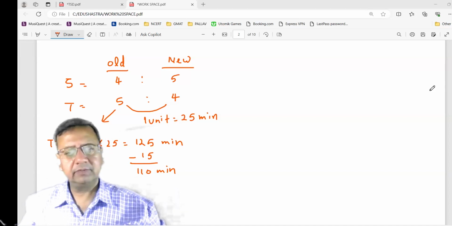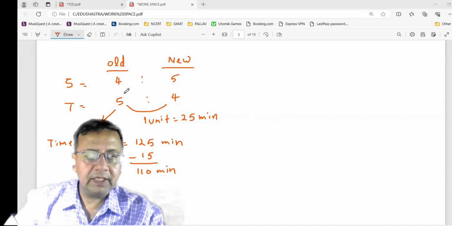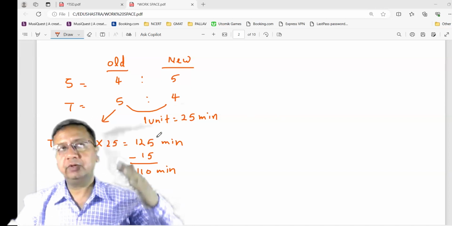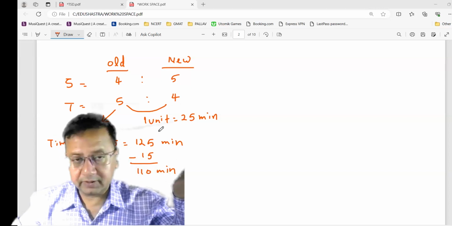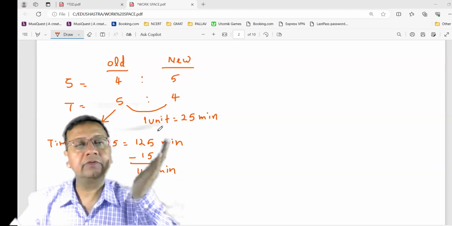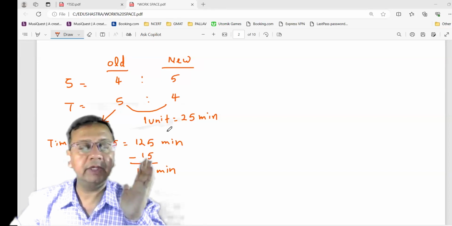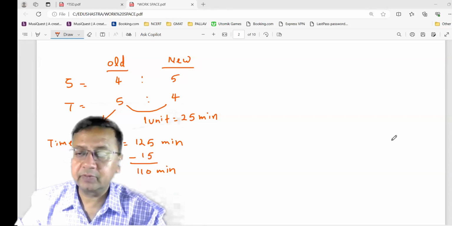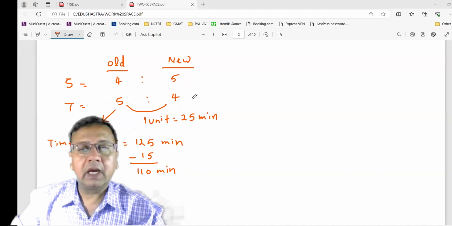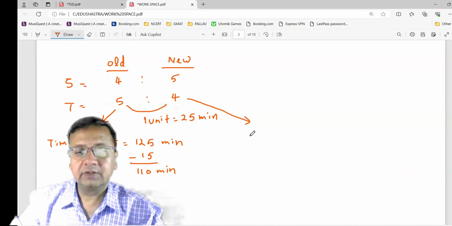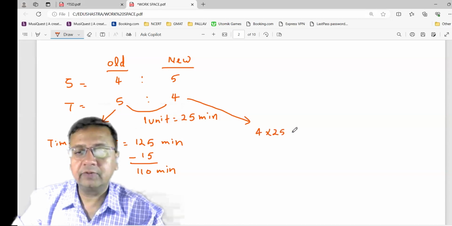So take any part. If you're taking this normal, so 5 into 25, 125 minutes. So when you're going with the older speed, you are going 15 minutes late. So subtract this 15 minutes. And you can also get an answer from here: time 4 into 25, which is nothing but 100 minutes.